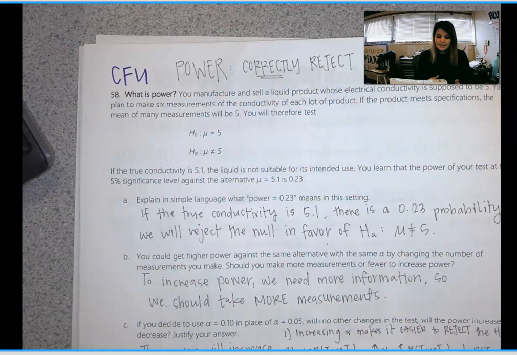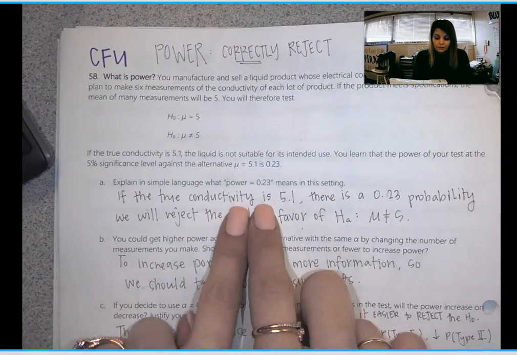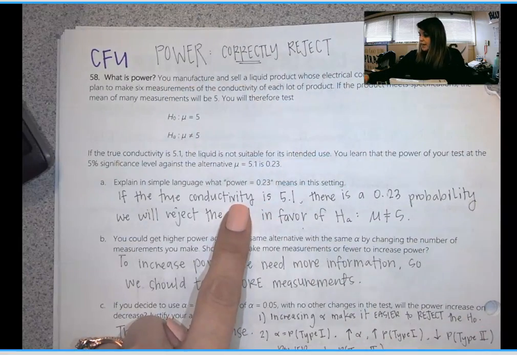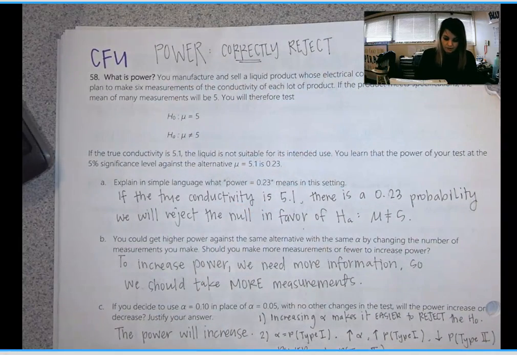So they ask, explain in simple language then what the power of 0.23 means. If the true conductivity is 5.1, so that's why they're saying this.